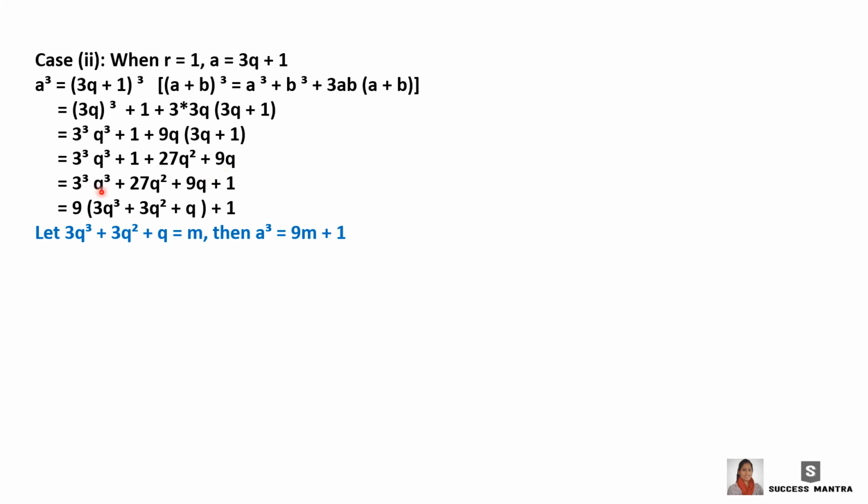If we arrange in the order of higher degrees to lower degrees, we get 27q cube plus 27q square plus 9q plus 1. If we take 9 common from the first three terms, we get 9 into 3q cube plus 3q square plus q, plus 1. So if we substitute m for 3q cube plus 3q square plus q, we get a cube is equal to 9m plus 1. This is what we need to prove. That is, if a is equal to 3q plus 1, a cube is equal to 9m plus 1. So the second statement is also proved here.